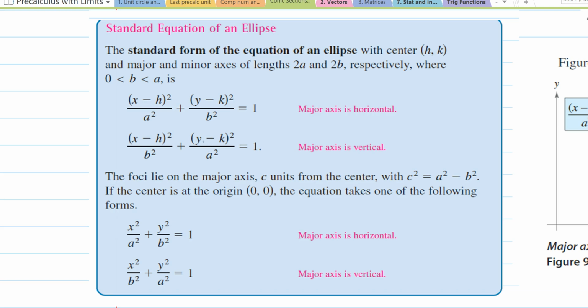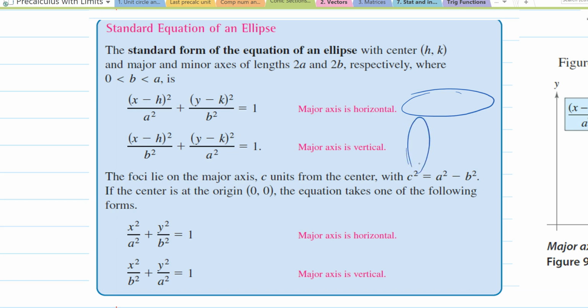I think of the a as like the alpha. It's the bigger number. If the bigger denominator is under the x, your major axis is horizontal, so it'll be a wider ellipse. If your a or alpha or the bigger denominator is under the y, your major axis is vertical.